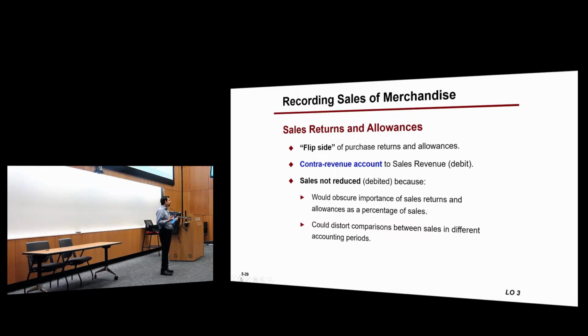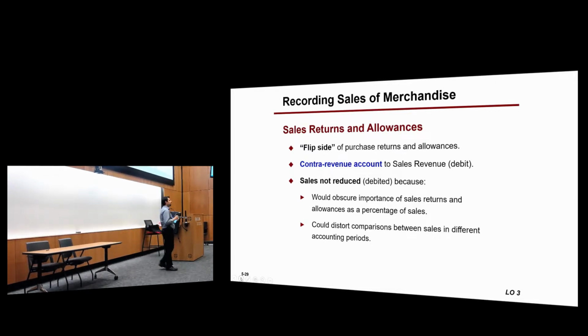Why? If you had a high level of returns, what does that mean? You either have a problem with sales, or maybe customer support, or it may be that you have an inferior product. Why are people returning your products? Then there's something wrong here. You have to fix it.